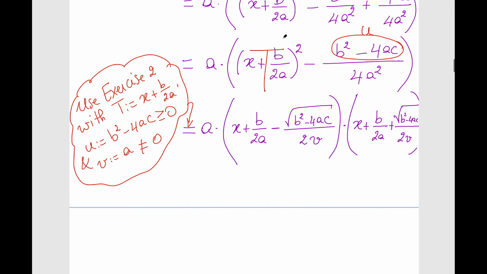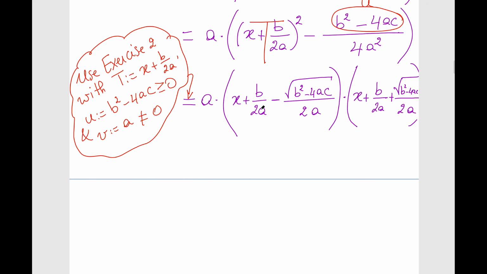Sorry, obviously I meant to write a, because there's no v in our discussion here, it's a. So we get this, right? And then, since these two guys have the same denominator, how about combining them? Let's combine them.